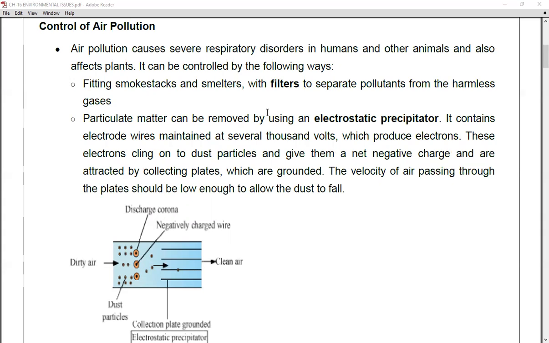So how are you going to control it? There are a few ways through which you can control air pollution. First is fitting smokestacks and smelters with filters to separate pollutants from the harmless gases.